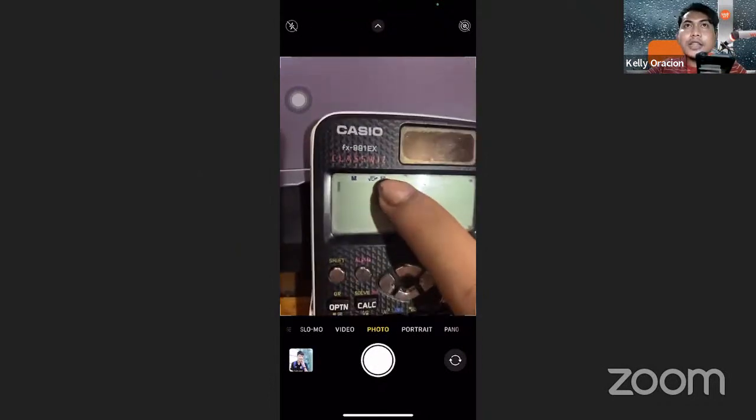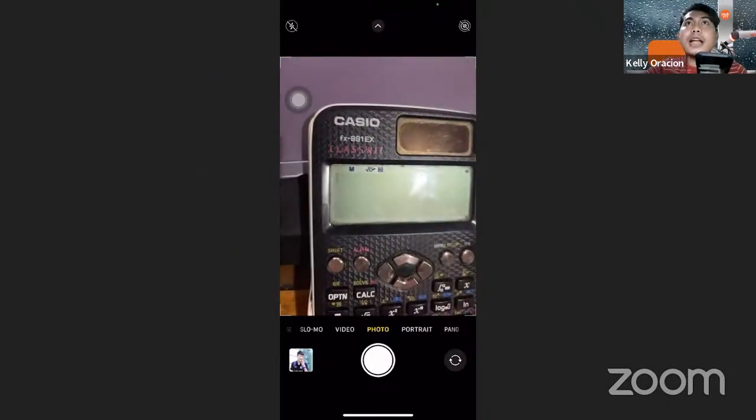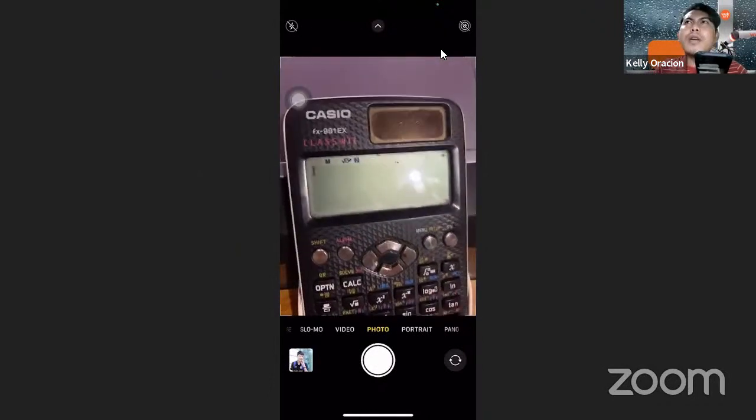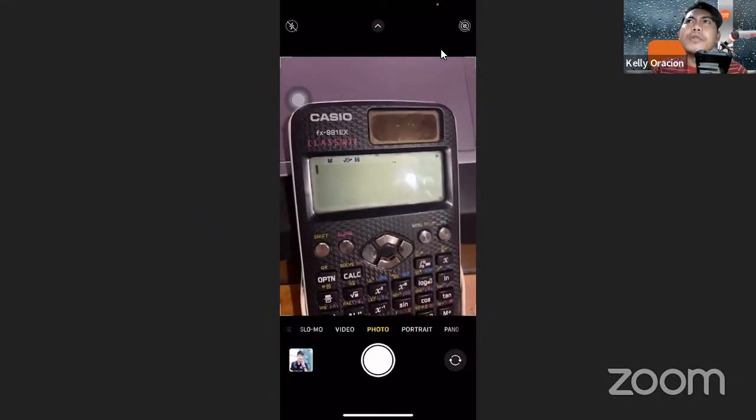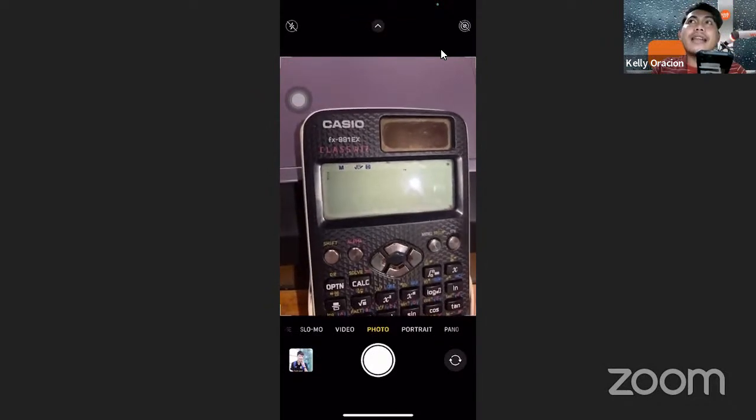Automatically, mag-change na siya into degree. Kapag the same tayo ng calculator. Sa iba, press mode, basta maglabas yung deg, rad, at saka grad. Again ha, pag maglabas yung deg, rad, at saka grad yun, that's the time na pwede na kayo mag-change ng mode. Like, I think it's number 4. Hindi ako sure ha, but I think it's number 4.